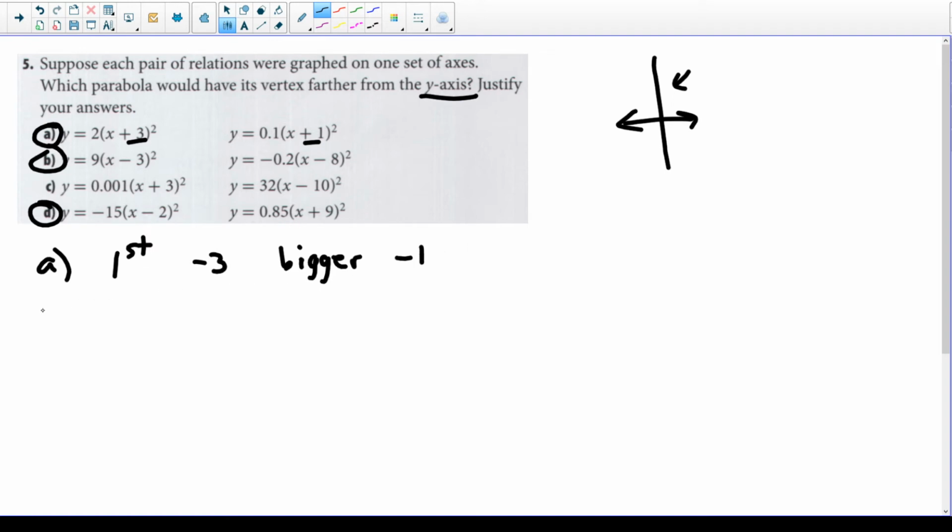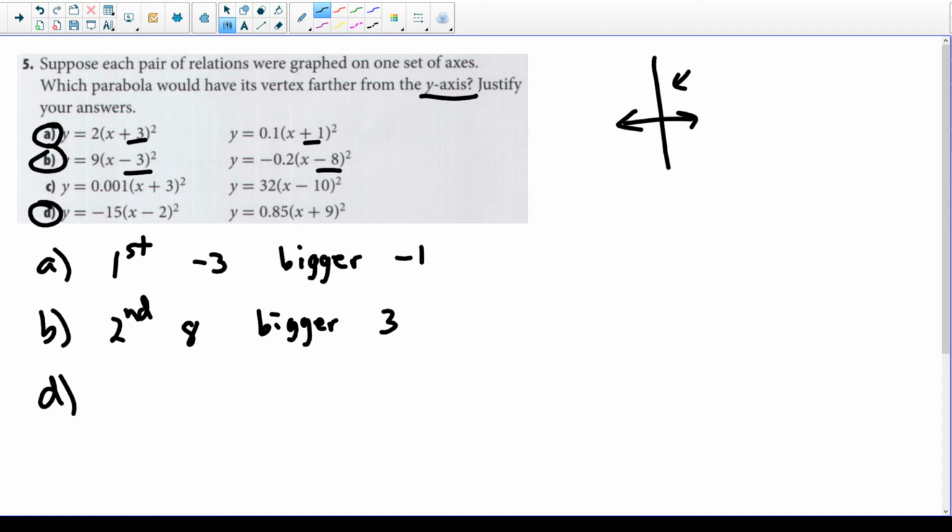Okay? For B, we've got -3 and -8, which means both are moving to the right. So the 8 is bigger. Moving to the right by 8 is bigger than moving to the right by 3. Okay?